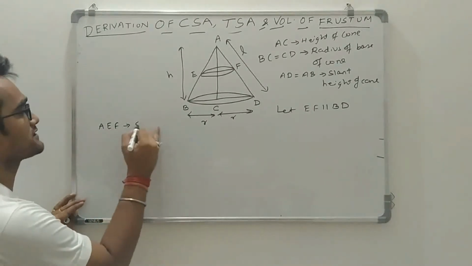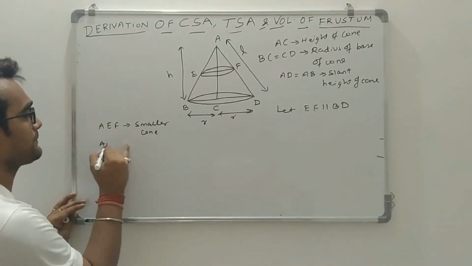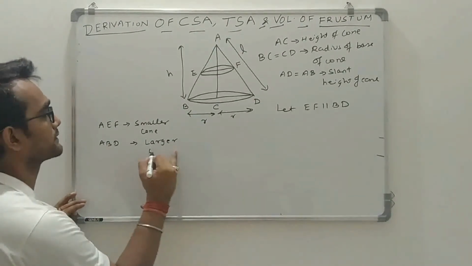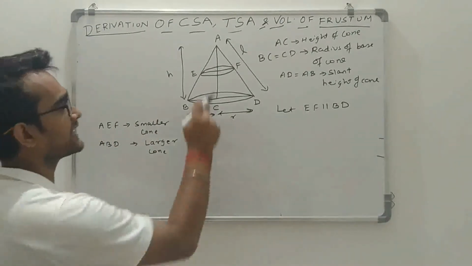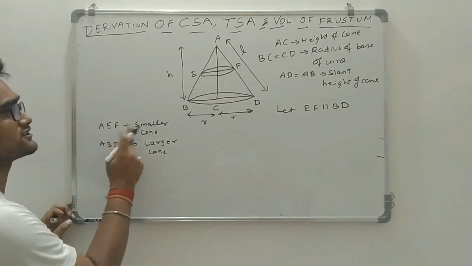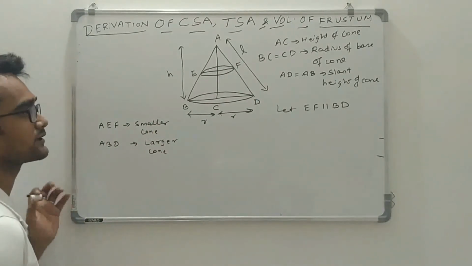AEF is the smaller cone and ABD is the larger cone. After drawing a line EF parallel to BD, we have obtained two cones. First one is AEF, which is the smaller cone, and the second one is ABD, which is the larger cone.